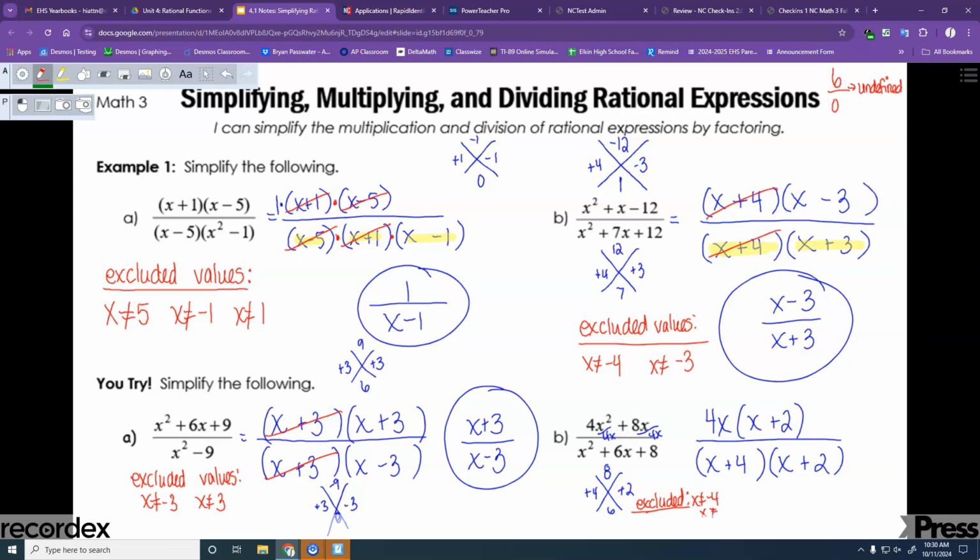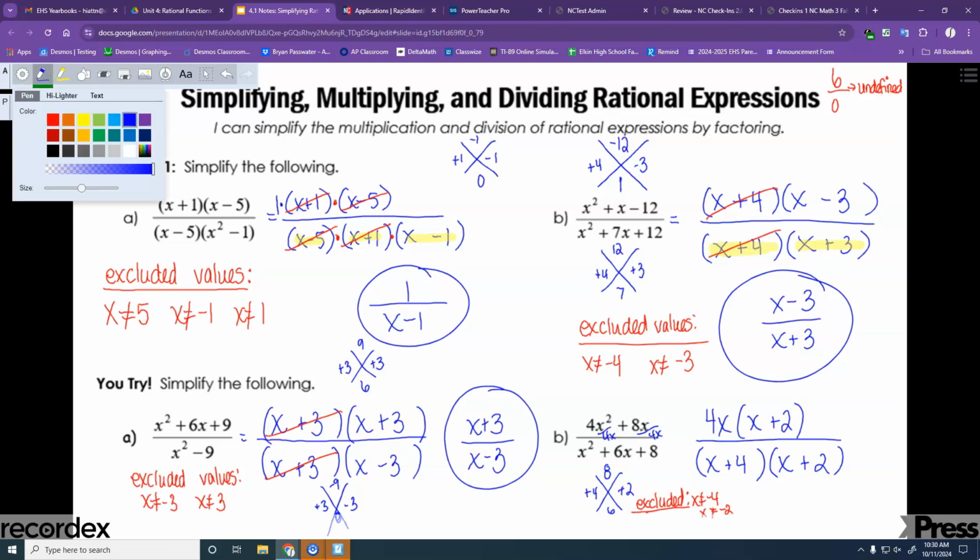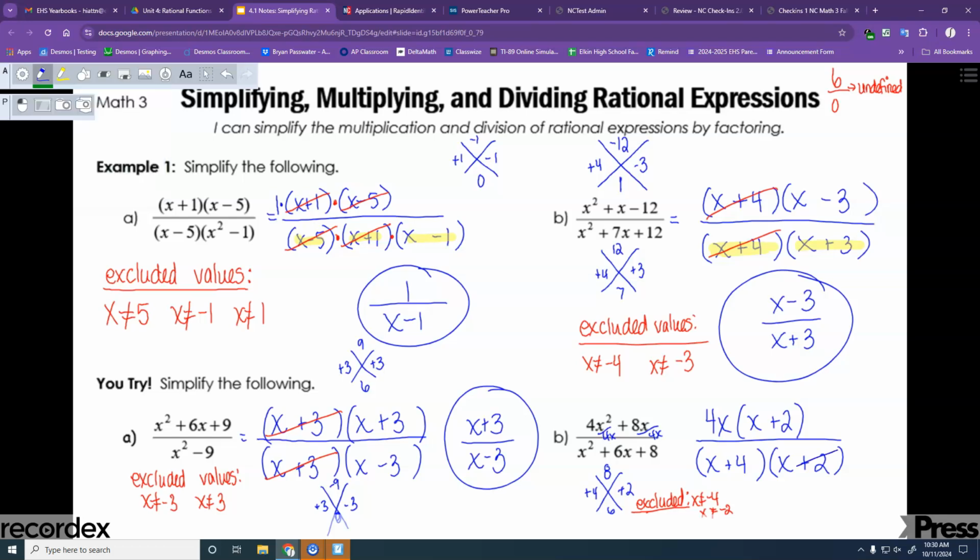X cannot equal negative 2. Alright, and what cancels here? The x plus 2's right there. So that'll give me 4x over x plus 4. They're the same on top and bottom.